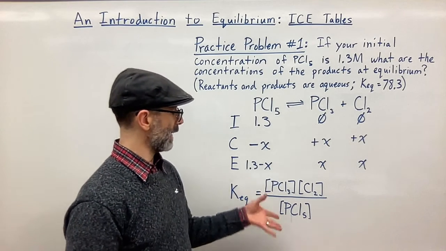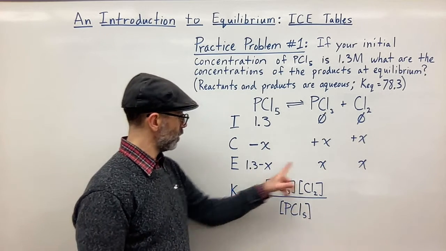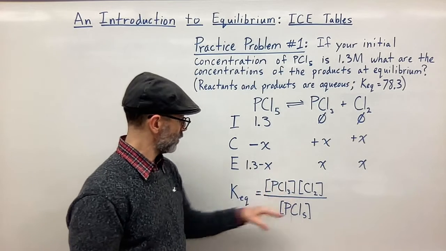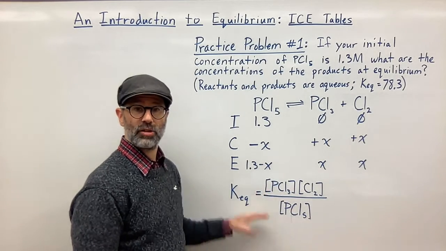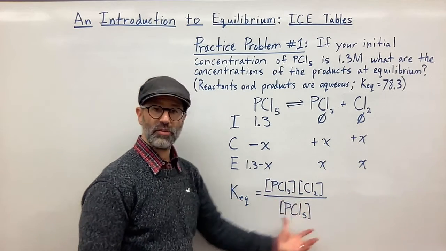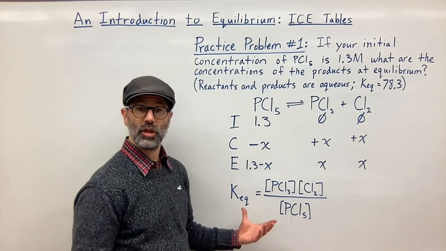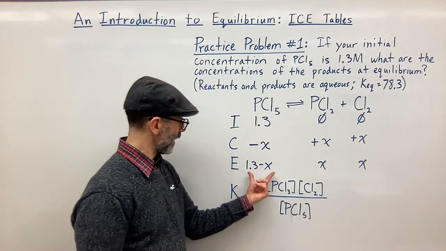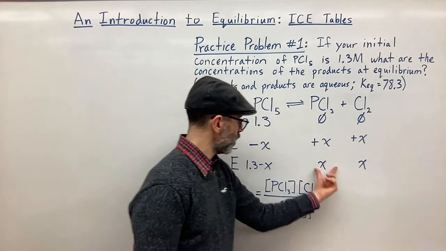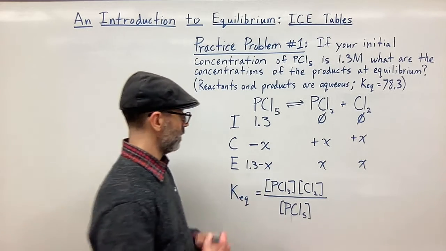And so now what I can do is plug my equilibrium expressions here into the equilibrium expression here. Remember, this only holds for when you are at equilibrium. My equilibrium concentrations are here, but they're in terms of x, so I'm going to plug that into my equation.